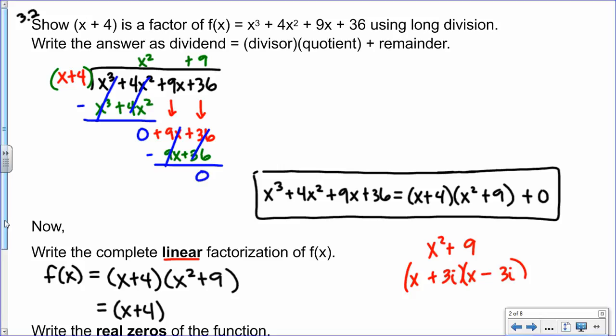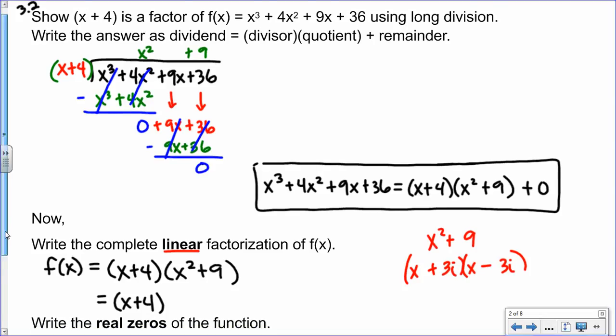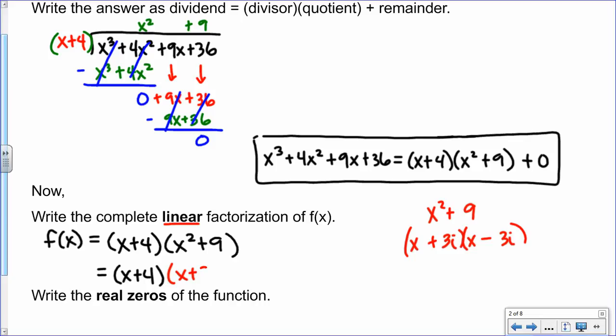So this factors to x plus 3i, x minus 3i. You cannot have i when you graph, but we're writing the factors. We're not graphing right now. But that's important to note because it'll affect these answers down here. Okay. All right, but it still can factor, even though it's imaginary. It still can factor. But let's just practice another one.